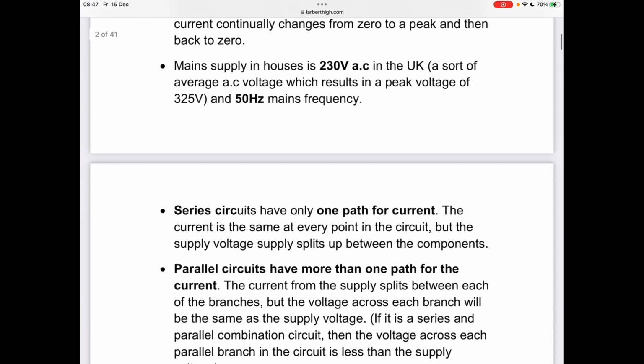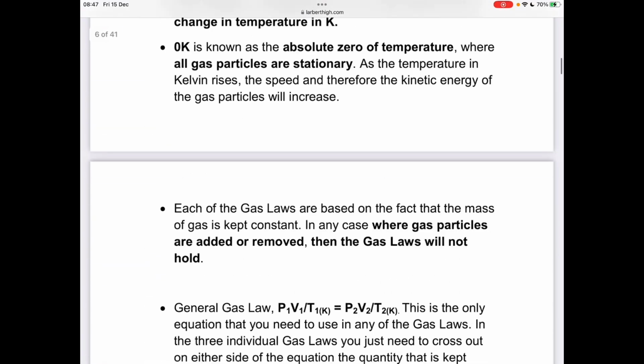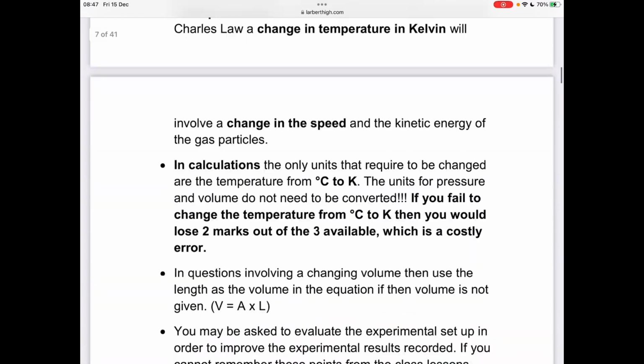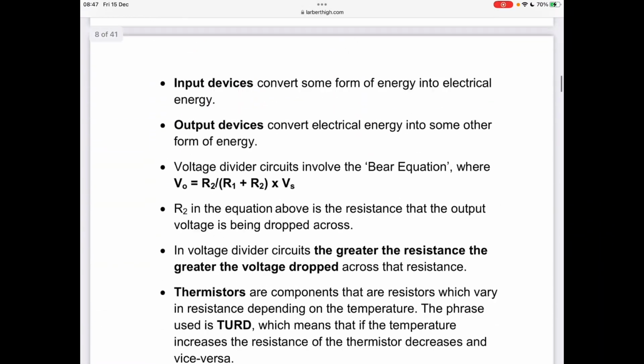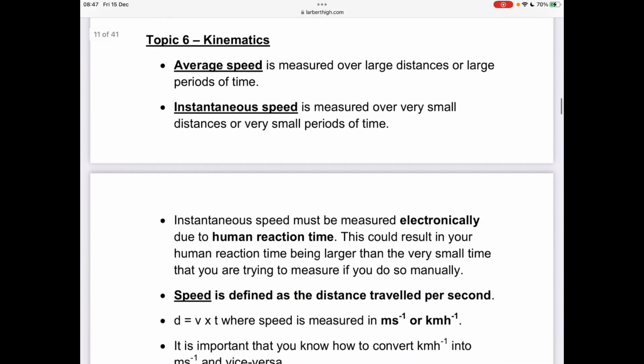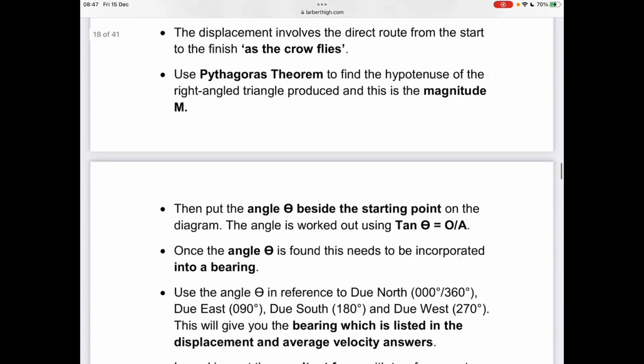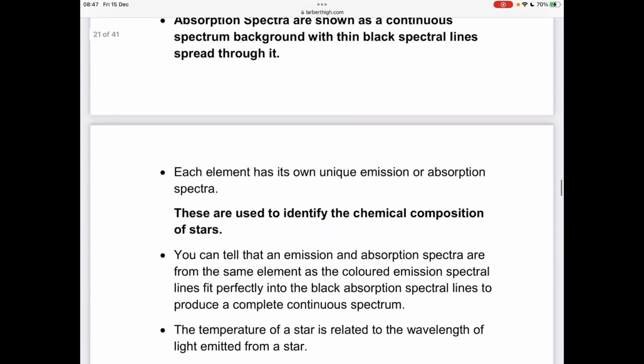And that goes all the way through, following the same order that you've done topics in class. So starting electricity and energy first, which goes all the way up to electronics, and starting dynamics in space from kinematics all the way through to space. I'm just going to skip through it quite fast now.